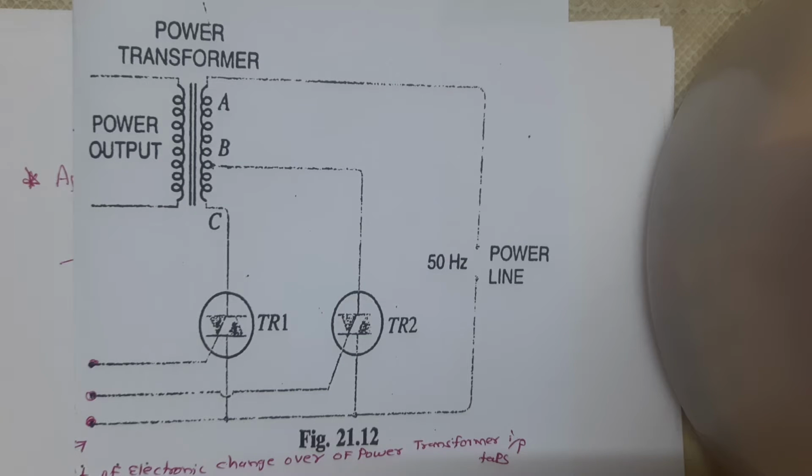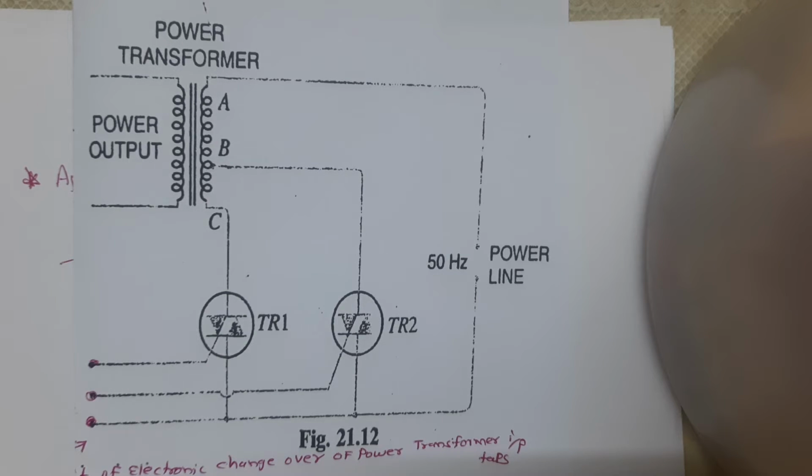However, if it is desired to change the tapping so that input appears across the part AB of the primary, then TR2 is turned on and TR1 is turned off.